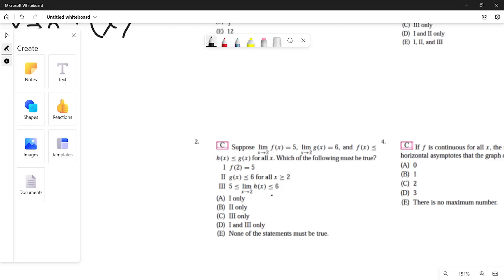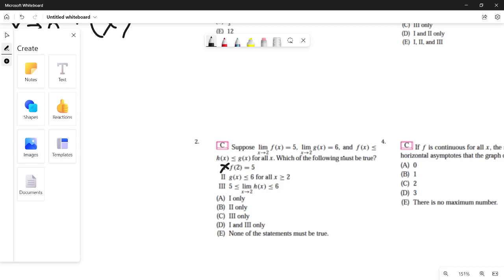This next problem gives us the squeeze theorem, and it's asking us to evaluate some things with it. A function doesn't have to be the same value as the function approaches at that value, so it's not true that f at 2 must equal 5. And g of x is less than or equal to 2 for all x greater than or equal to 2.